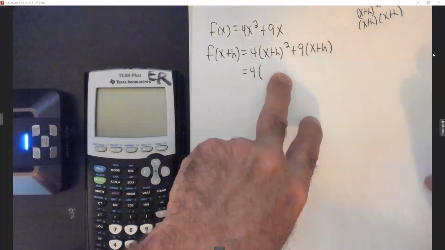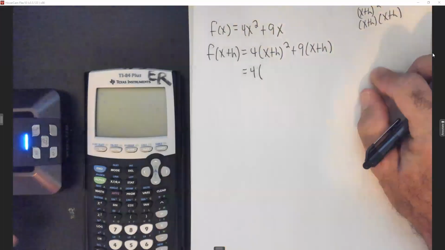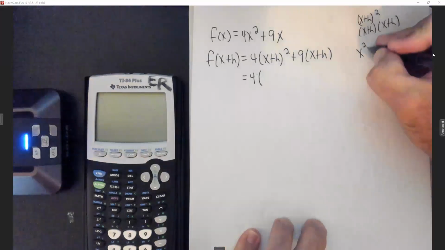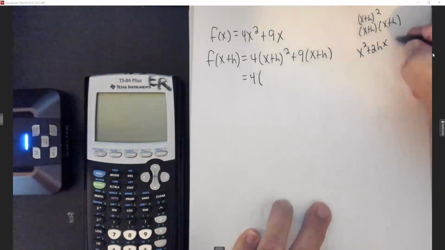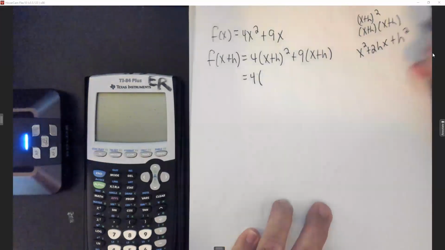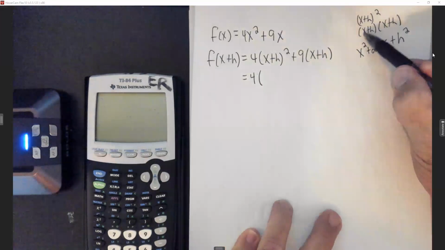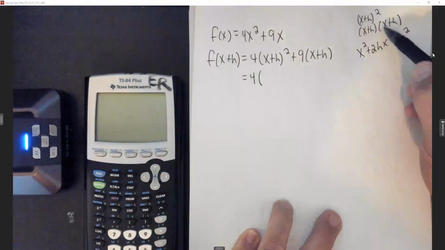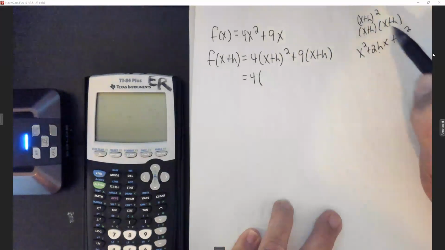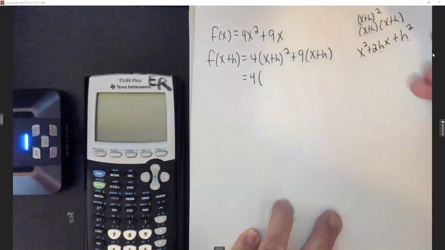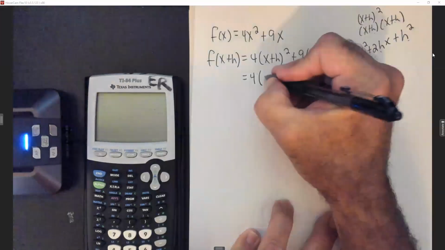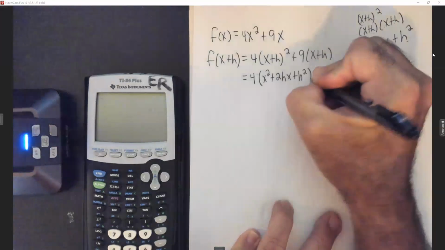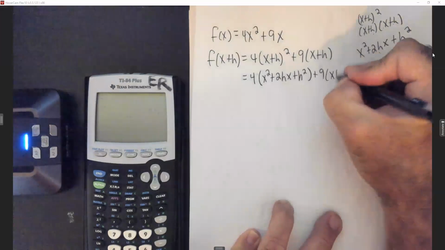And every time we have FOILed this out, we have ended up with x squared plus 2hx plus h squared. x times x is the x squared, x times h and then h times x, that's where you get the 2hx, and then the h times h is the h squared. So that goes here. Then you've got your 9 times x plus h.